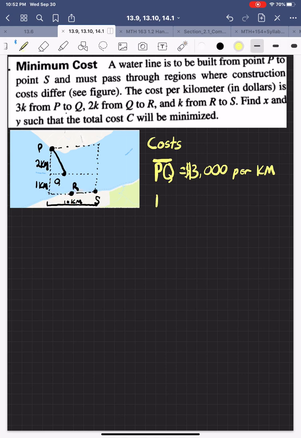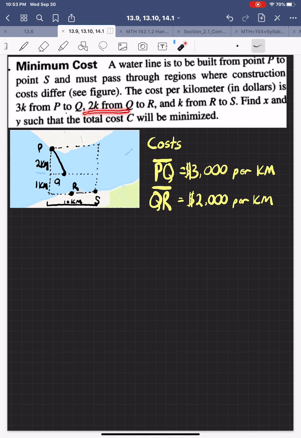The length of P to R, my apologies, not P to R, you've already gone through P. You're at Q now, right? So the length from Q to R is going to be $2,000 per kilometer. Finally, once you have reached R, you're basically on land. Let me continue reading.